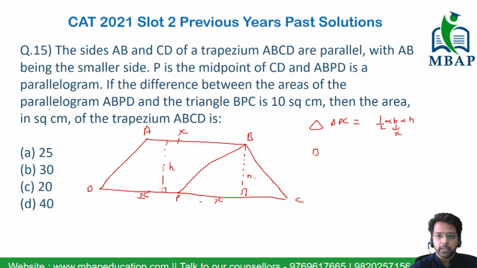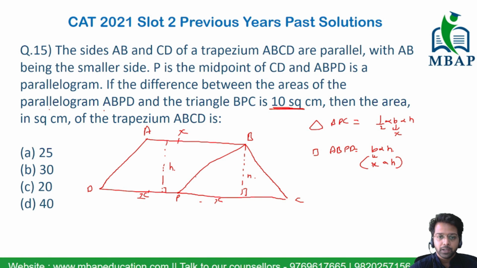But what is the area of this parallelogram ABPD? This will be base into height. Now, my base is the same as the base of the triangle, and my height is also the same. So now you will understand, read this sentence very well. It says the difference between the areas of the parallelogram and the triangle will be equivalent to 10 square centimeter.